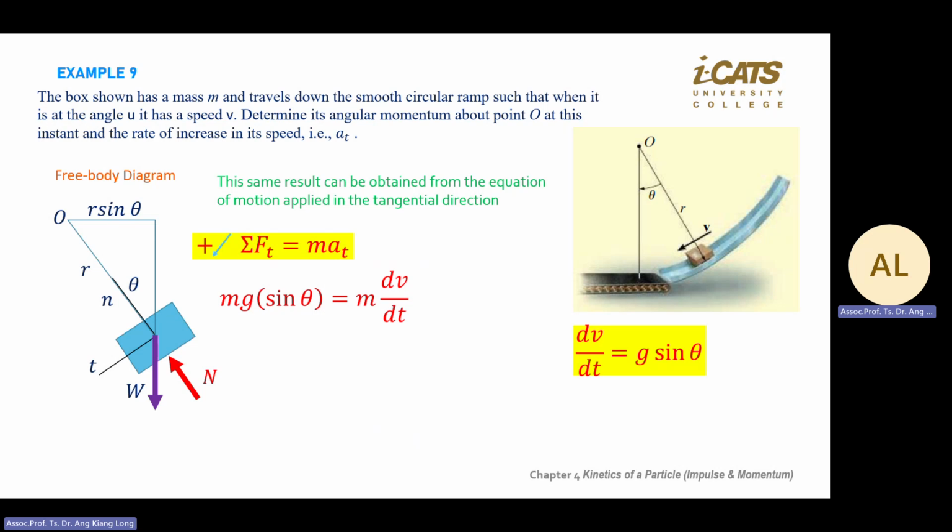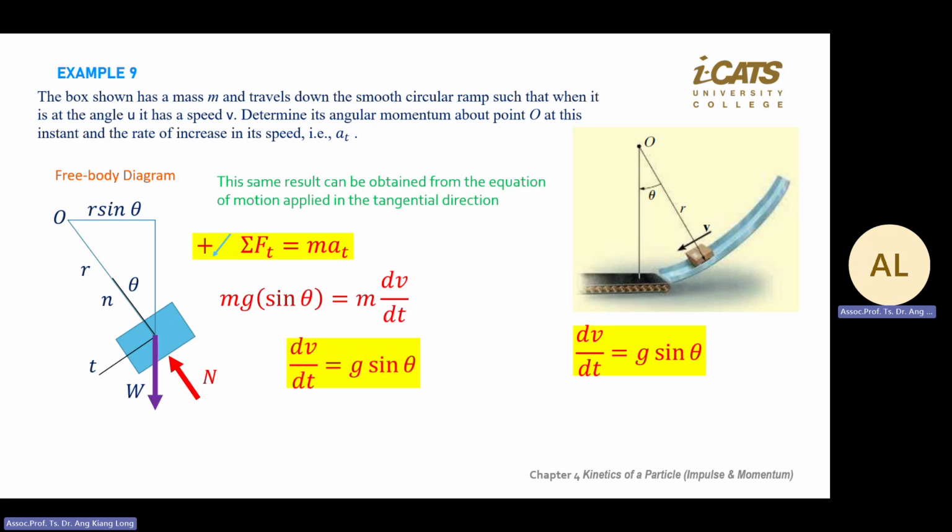And because this is a smooth circular ramp, there is no friction force. If I remove the smooth and give you the friction coefficient, then there is a friction force here. F equal to ma, a equal to dv/dt, and you have the same mass, so cancel m. dv/dt equal to g sine theta. You get the same answer.